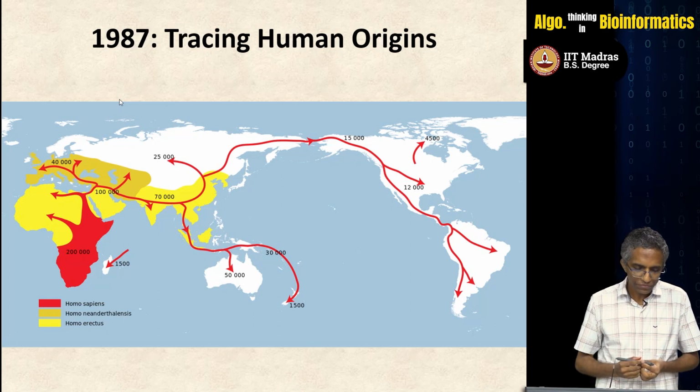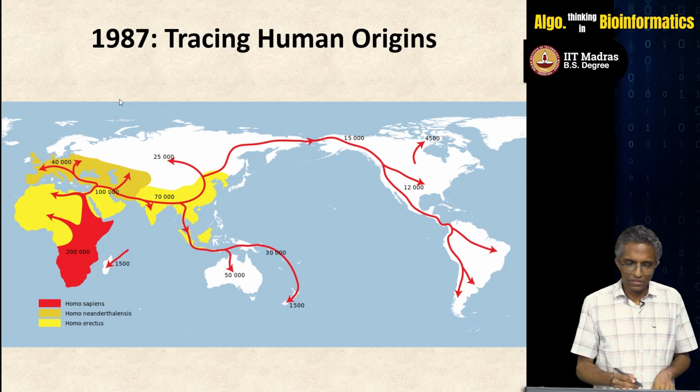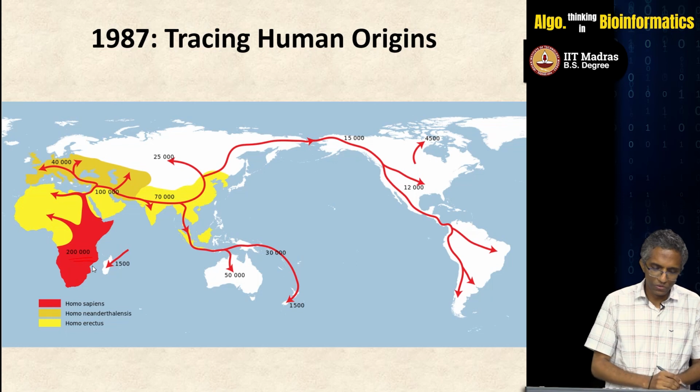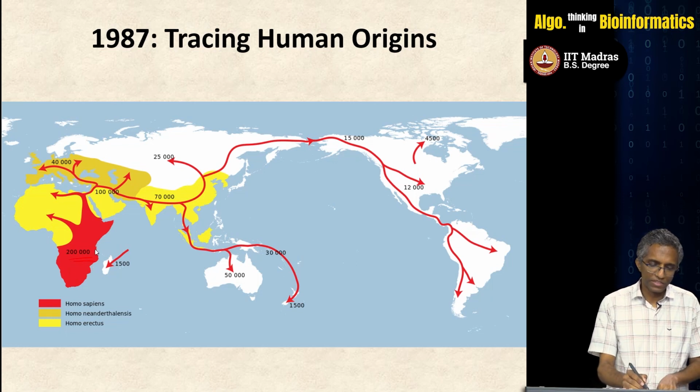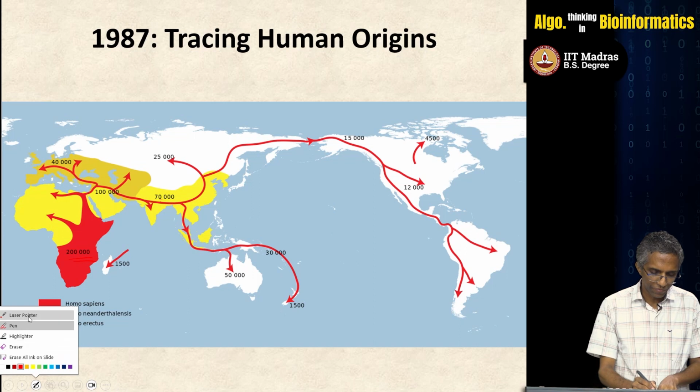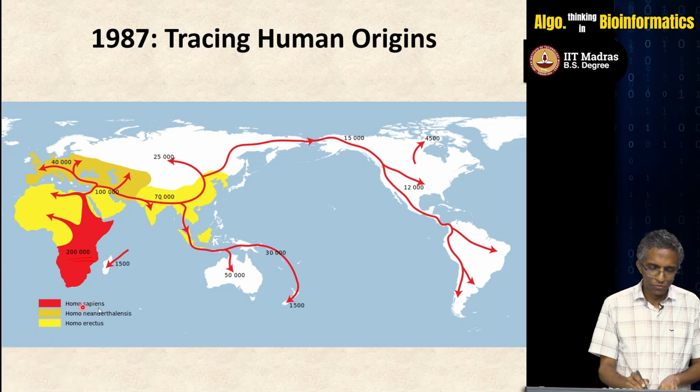In fact, this is the number of years: 200,000 years ago they started diverging into different paths, and in India you can see that this is 70,000 years before. These are the different Homo sapiens, and initially there were also other species of humans.